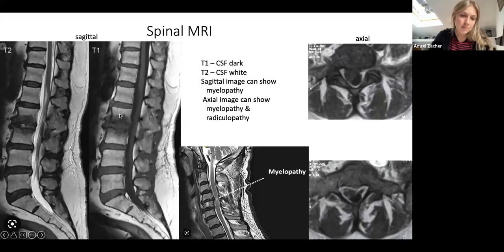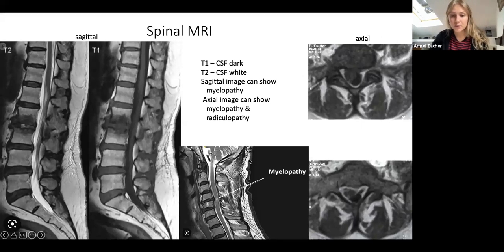This one here might be something as spondylodiscitis, which is basically inflammation of the disc and osteomyelitis of the bone around it. So you can see all of this very nicely.